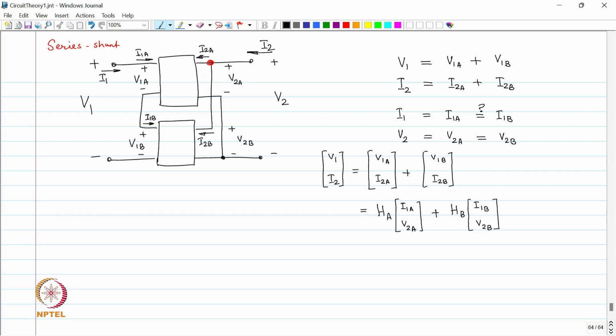I1A and I1B need not be equal to each other, but let us assume they are, in which case this whole thing becomes equal to HA plus HB times I1 V2. Fine. Any questions?